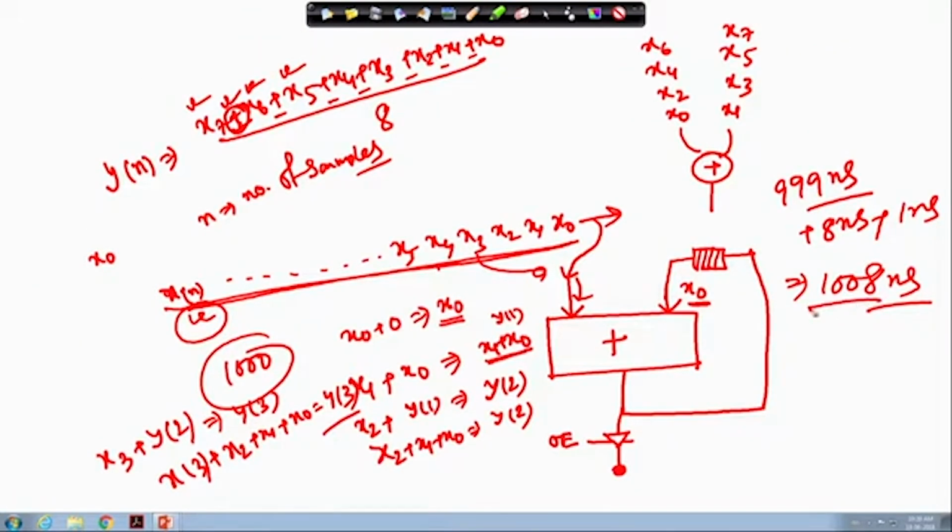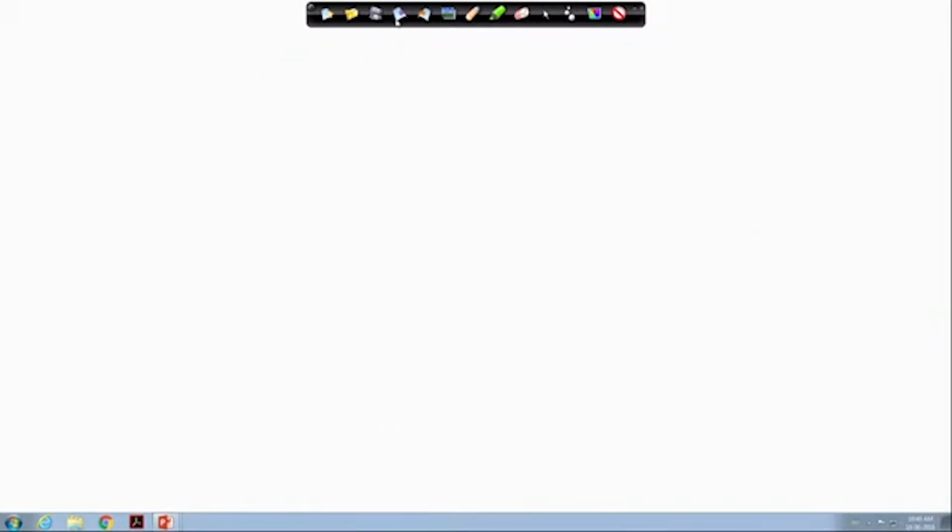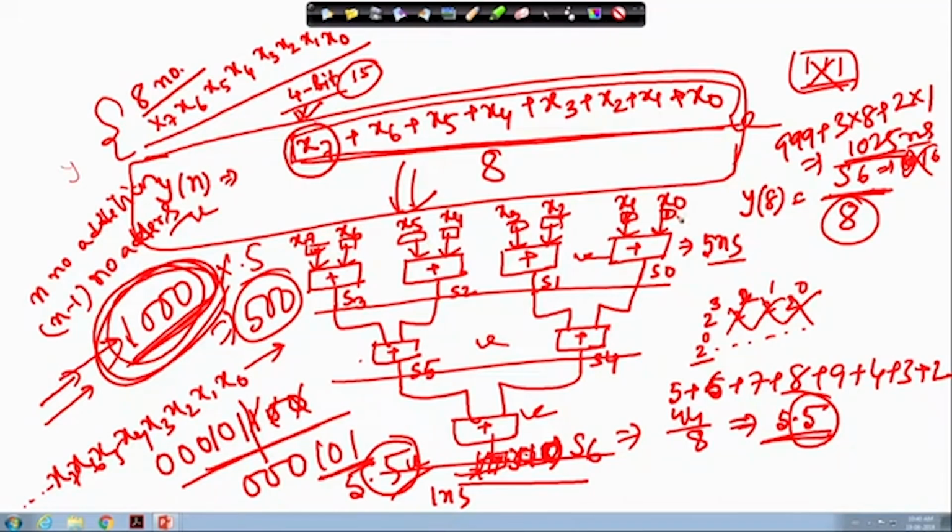Here I require only 1008 nanoseconds for computation of 1000 samples in a serial fashion. There I get y0, y1, then y2 after 26 nanoseconds. Why? Because I require 1 for this and 24 for this particular stage, and then this is also 1.